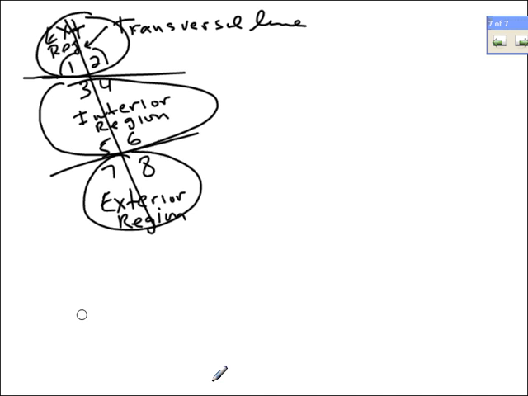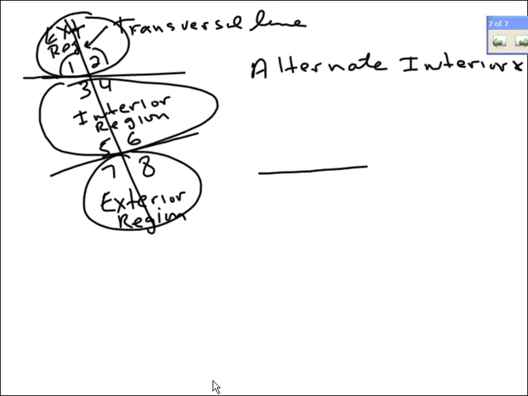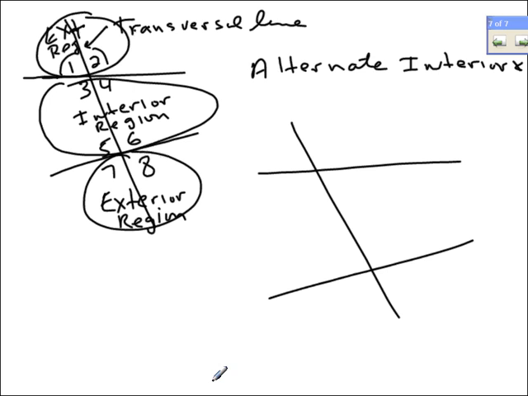Now, we want to talk about alternate interior angles. If you have two lines, again, not saying they are parallel, and you cut them by a transversal, anytime you can make a Z, and Z can be written that way, it can be written this way, it can be on the side, it can be, quote, backwards.